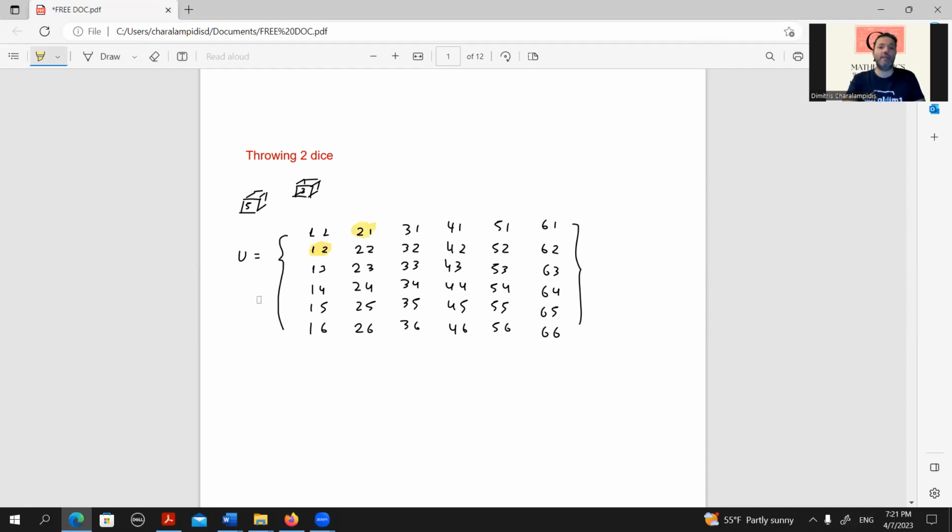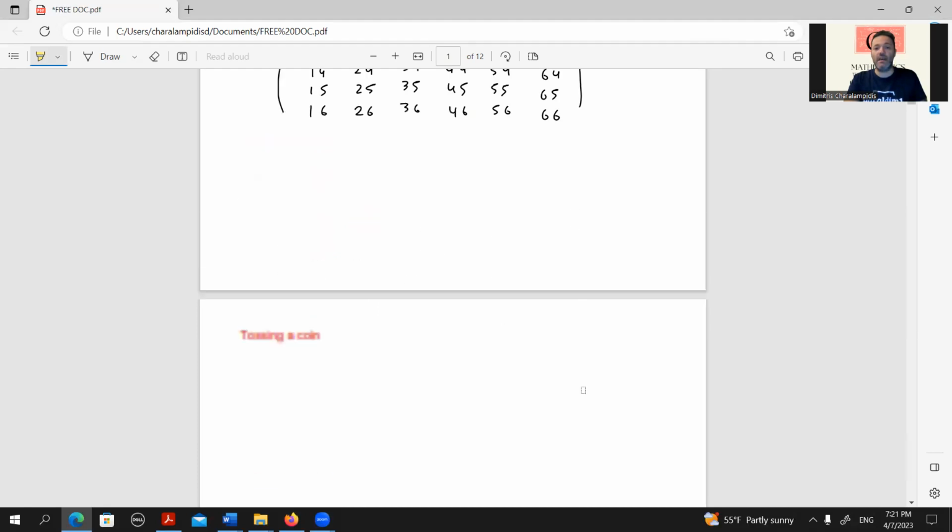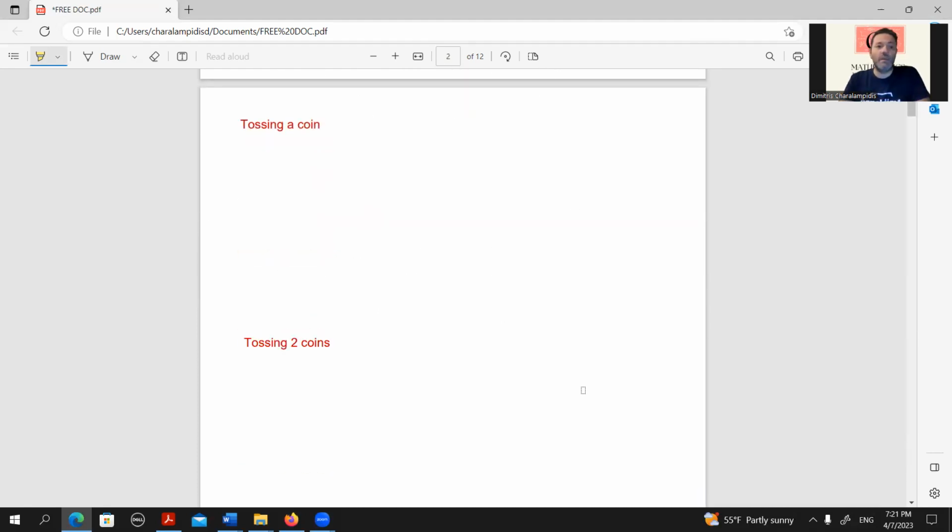Let's leave now the dice and let's move to coins. We toss one coin, so we would expect that we have 2 different options for our outcomes. It will either be heads or it will be tails. Let us now toss 2 coins.